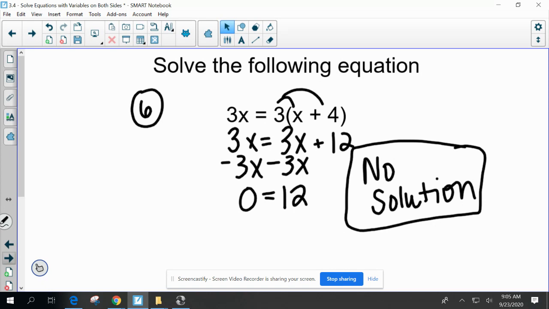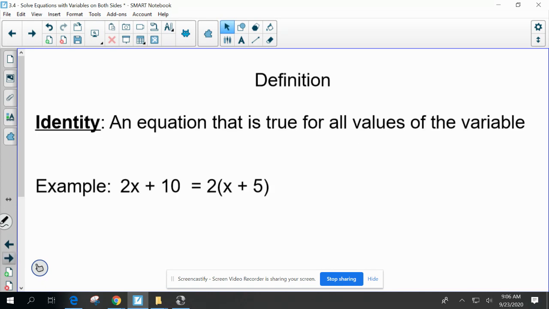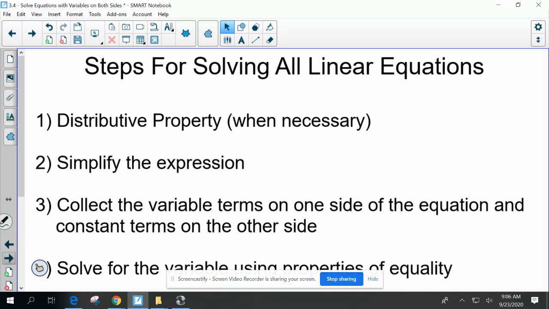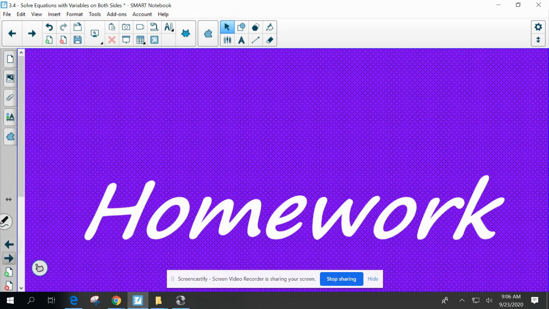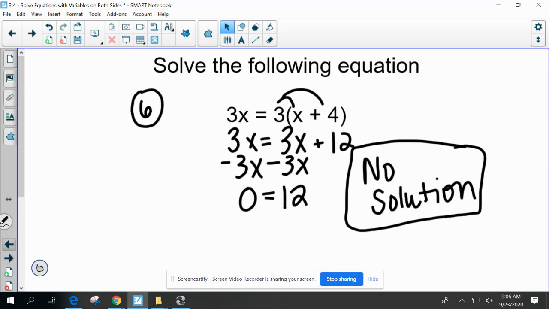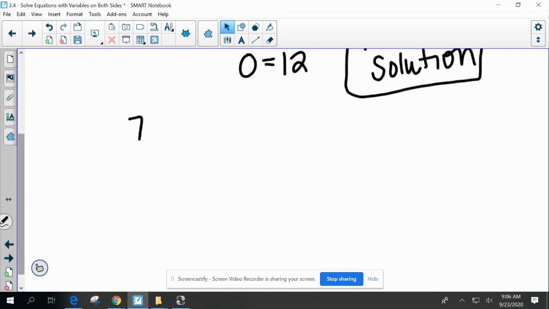So whenever you have some random number equals another random number and they're not the same thing, your answer is no solution. Okay? All right, I'm going to add another example in here. So number 7.